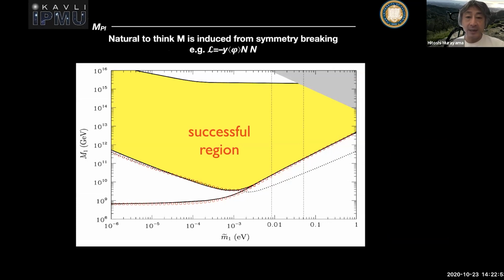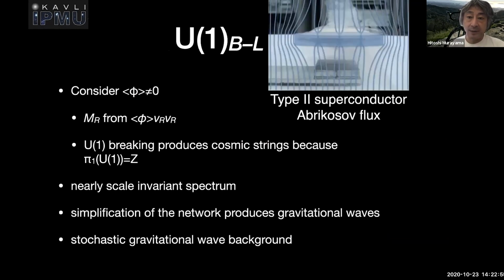And so the idea, let me skip some of the slides to save time, is this. When you have some kind of phase transition in the early universe, which was very similar to the phase transition of the type 2 superconductor you can study in the laboratory. A type 2 superconductor can allow for this non-equilibrium situation where the magnetic field can be trapped in a tube of magnetic field called an Abrikosov flux.